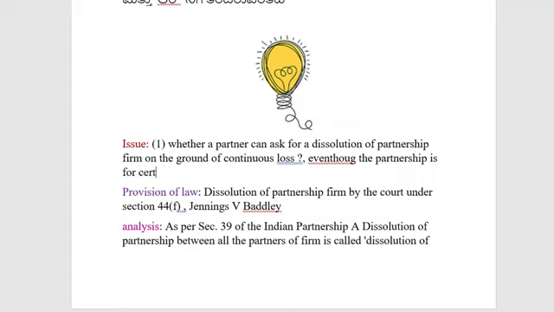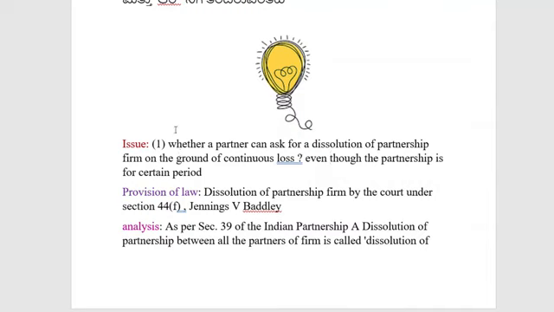So the question is whether a single partner or any other partners can ask for the dissolution of the partnership. If there are continuous losses, whether they can ask for the dissolution of the partnership. That is the issue, that is the question in law.